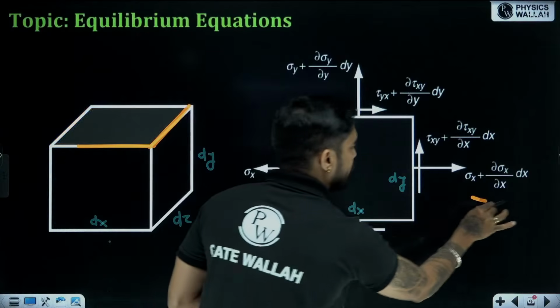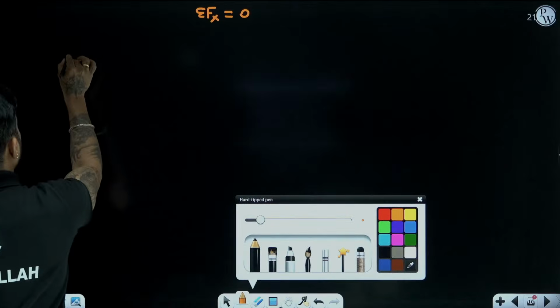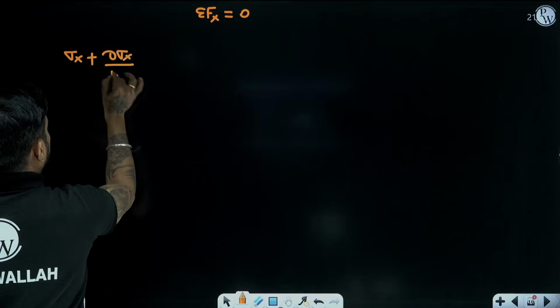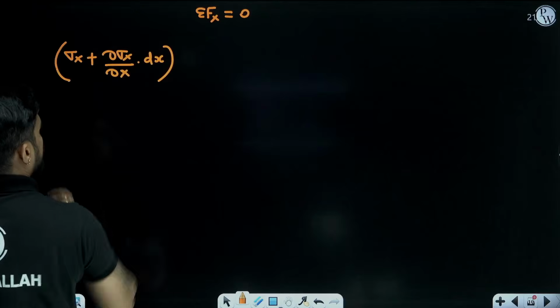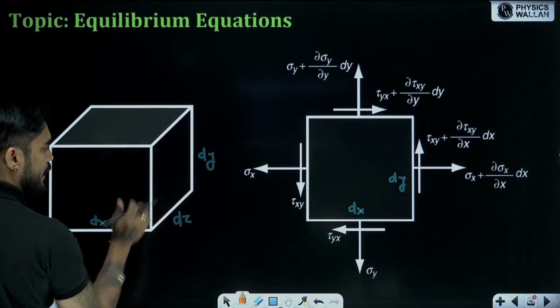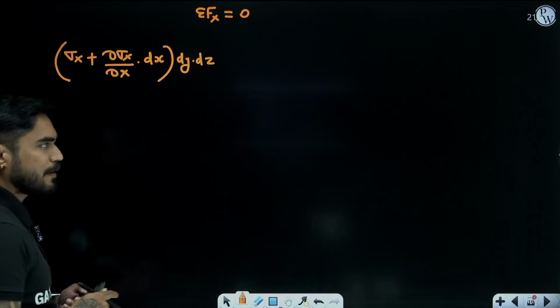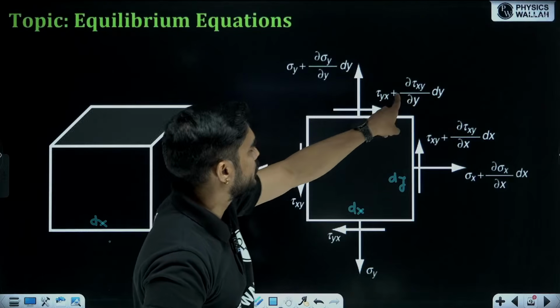So let me convert this into a force. So it will be sigma x plus dou sigma x by dou x dx. This is the stress multiplied by this area, which is dy into dz. Then we have this force also in positive x direction.